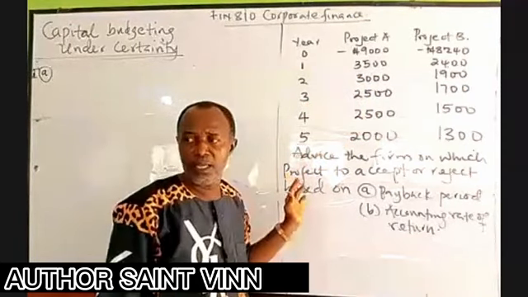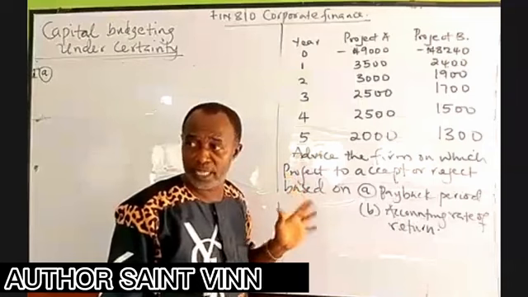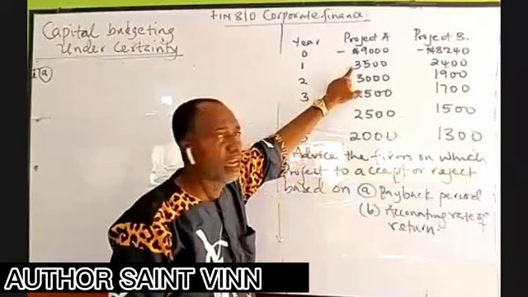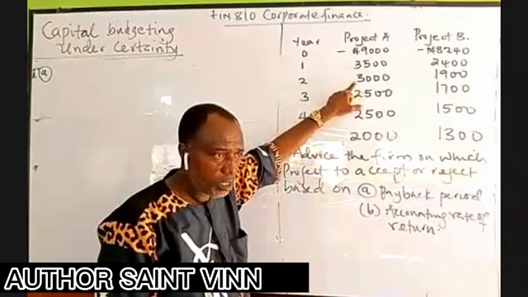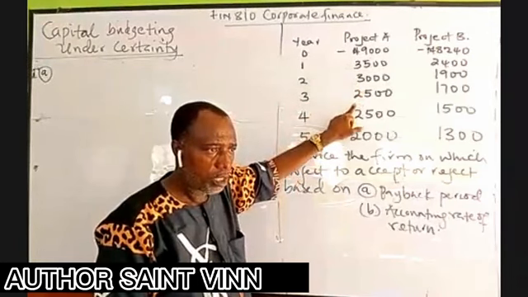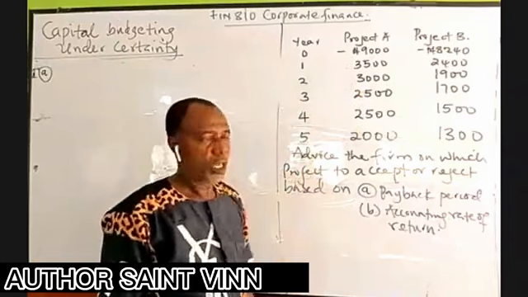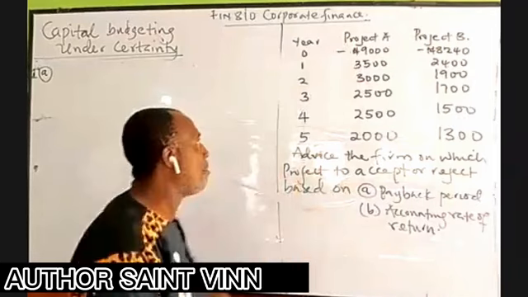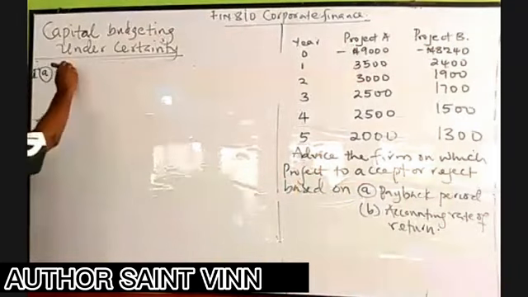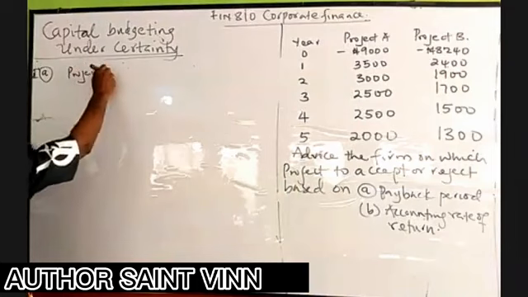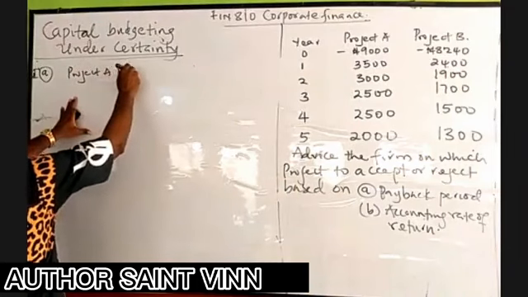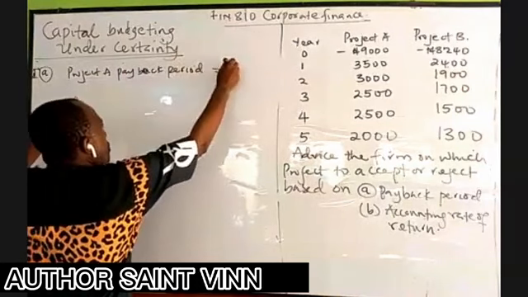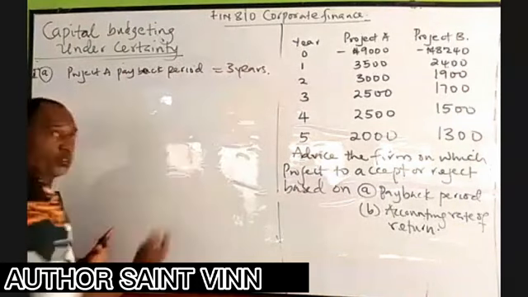Did you understand that? Anything remain? This is 35 now. Plus this. If something remains, we will tell you. But for now, nothing remains. That means project A payback period is settled.